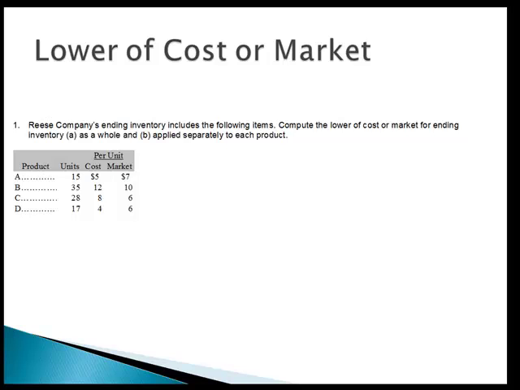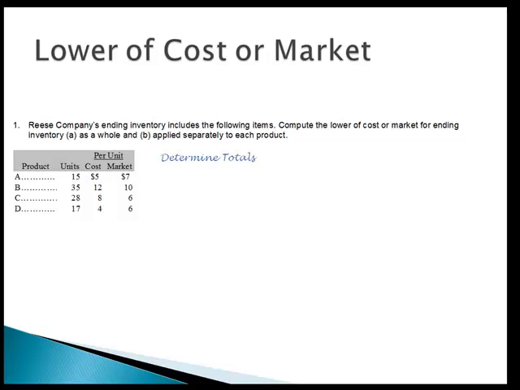So we never overvalue our inventory, but let's say that we're a technology business, and all of a sudden we come up with a new technology and the price of our existing inventory crashes. We want to compute lower of cost or market to make sure that we don't need to write down our inventory. So writing down our inventory would be to either the lower of cost or market. Now the thing about market is it's not the selling price. It's basically replacement cost.